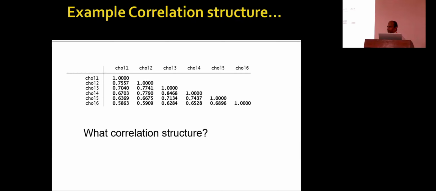Increasing, decreasing. Decreasing or increasing? If you are thoroughly confused, then put an exchangeable correlation structure. Please remember that is advice.